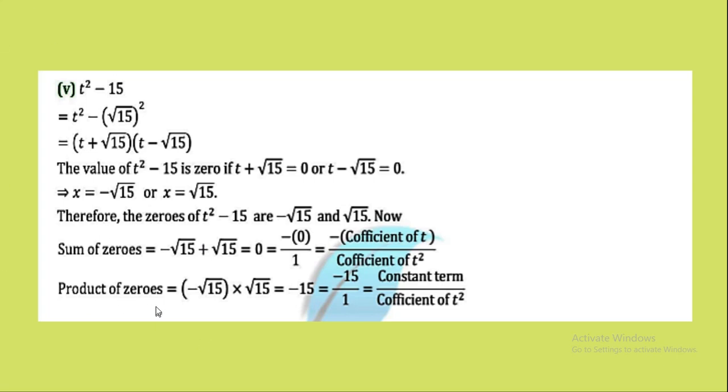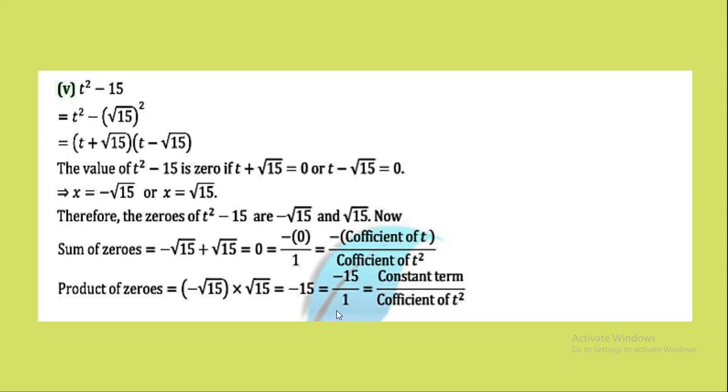Next is the product of the zeros. We will get minus of root 15 into root 15. The root 15 into root 15 is 15 and minus here, so minus 15. This minus 15 can be written as minus 15 by 1, because we want to make it in the form constant term by coefficient of t square.